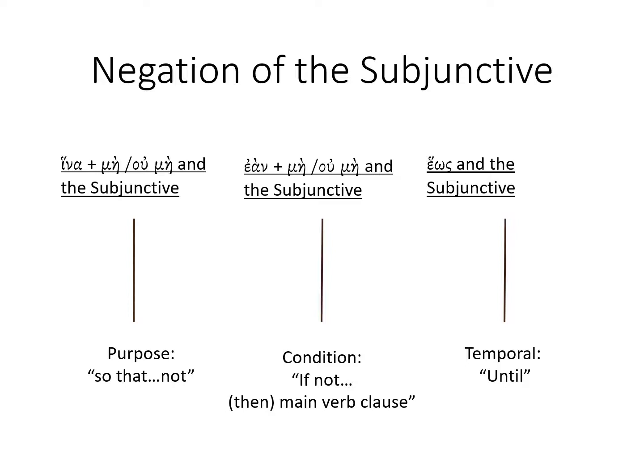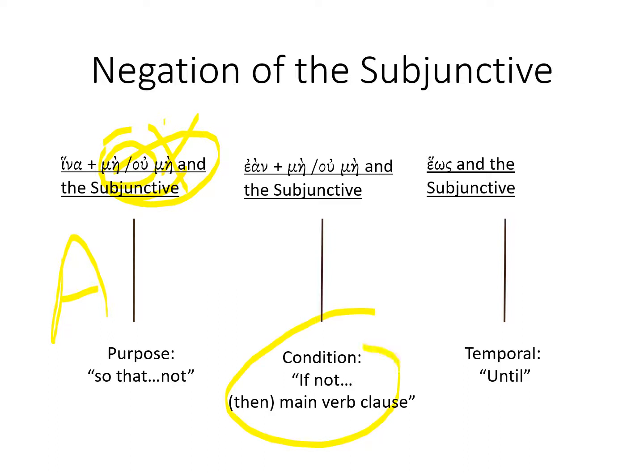The hina can be a purpose, and when it is negating, it's strong with may or oo may especially, and it's here where this oo may in the subjunctive is a very strong and authoritative do not, a purposed not, a conditional not, and so forth. The negation with the subjunctive carries a level of, again, of authority to it that is even beyond the imperative when we're talking about negation.